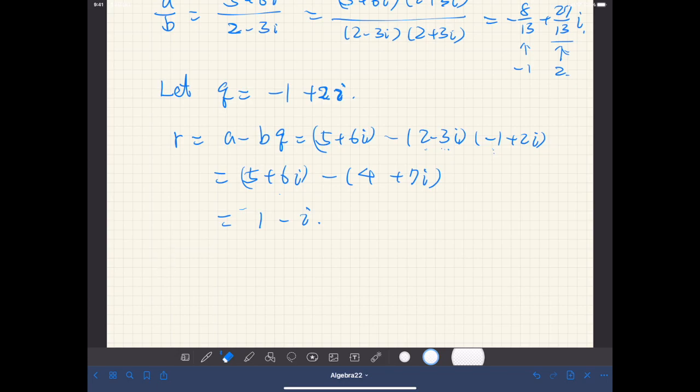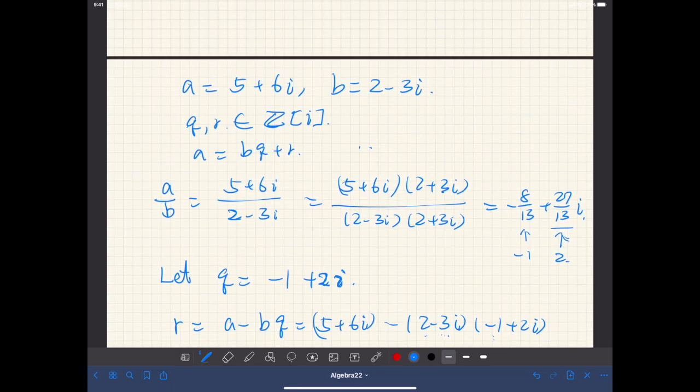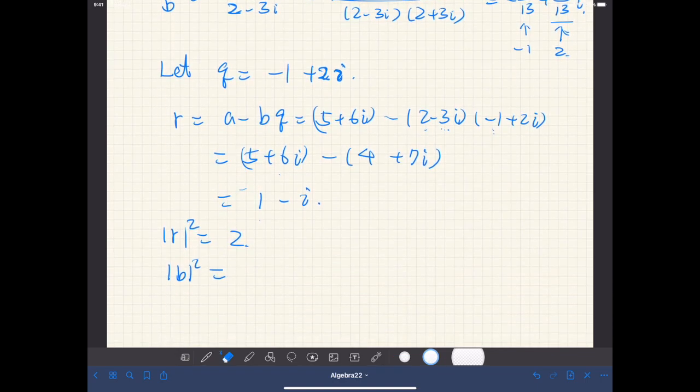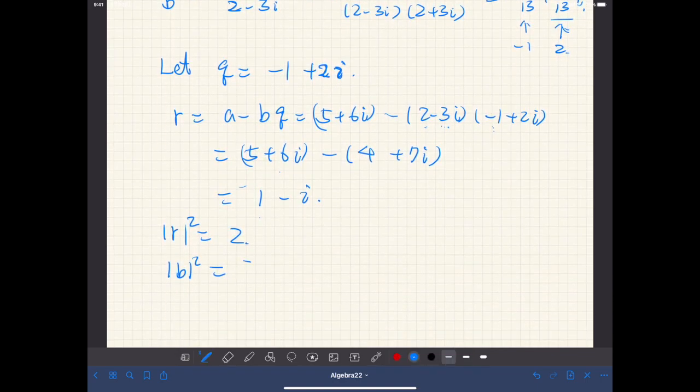Now the absolute value of R, squared, is 2. And the absolute value of B squared is 2 squared plus 3 squared, that is 13. So 2 is less than 13.